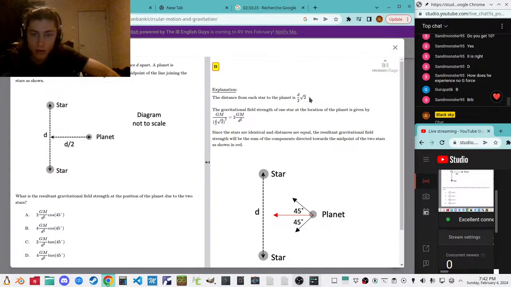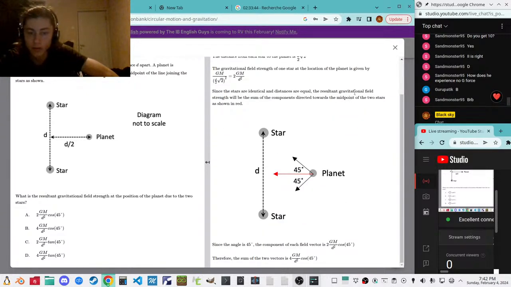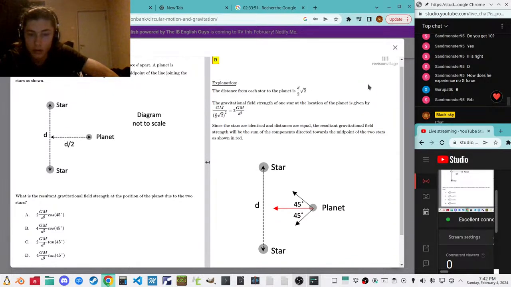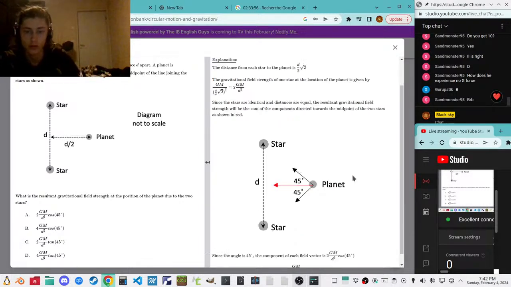Oh, yeah, okay. The gravitational field strength of one star at the location of the planet is given by GM divided by r squared. Oh, true. That was close. But why do you need to resolve? Oh yeah, you get this, you need to resolve, times by 2.